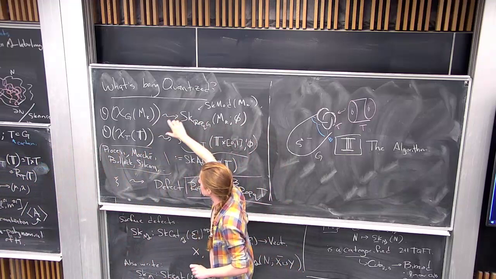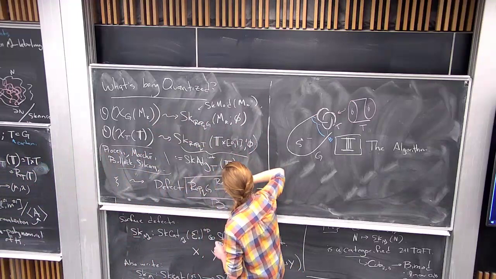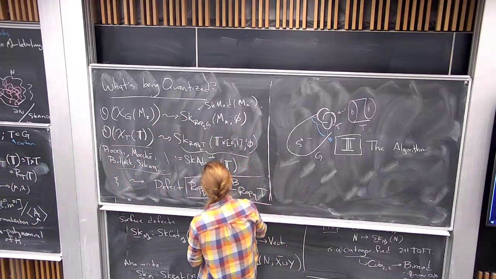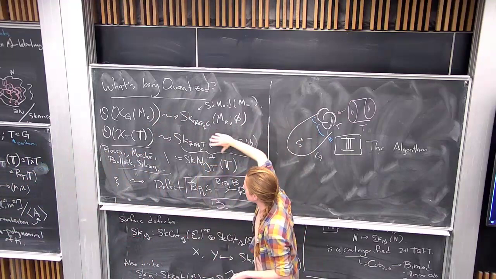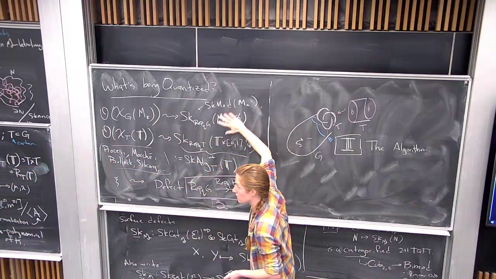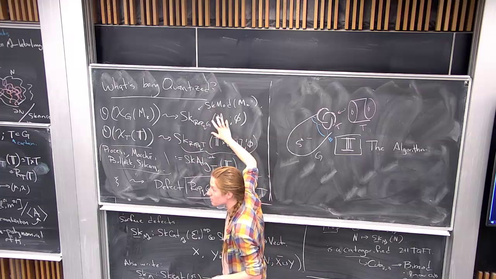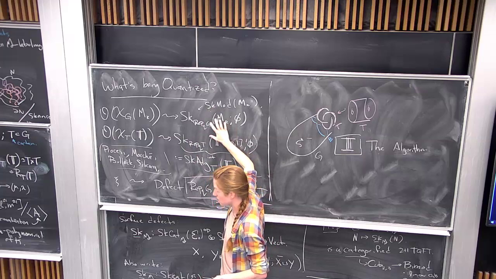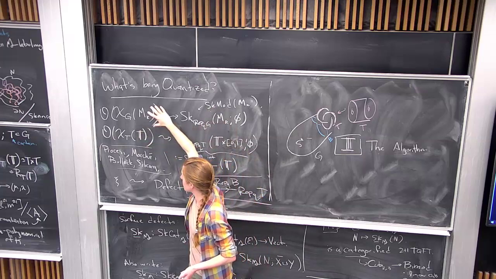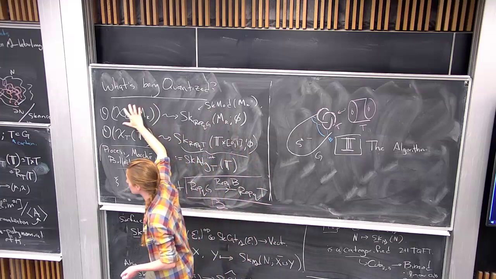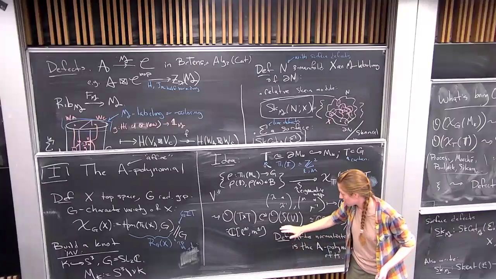But I will get the module structure. Once I add my defect here, I have an action of this on this. And when I take the classical limit, which is really just plugging in, I recover the module of this acting on not exactly this thing, but on sort of this thing.